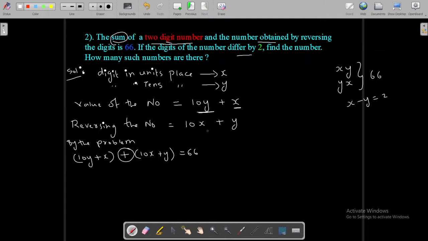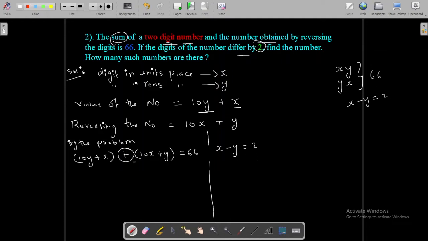So we add them and we are getting 66. And the problem is telling that the two digits differ by 2, so I will take x minus y is equal to 2.